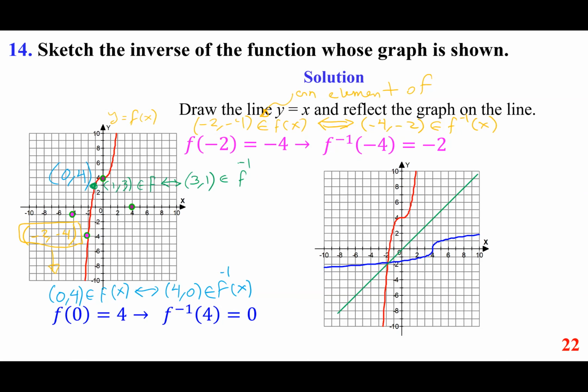So those are easy points to find. Those are the pairs that we had. These are the other two pairs that we had.